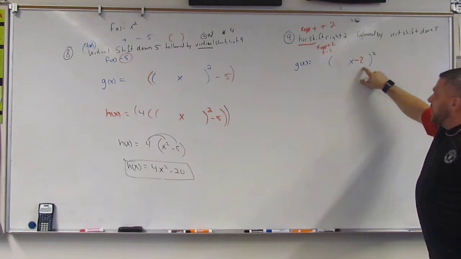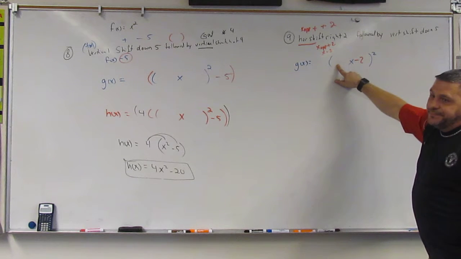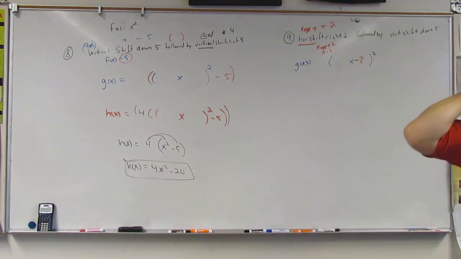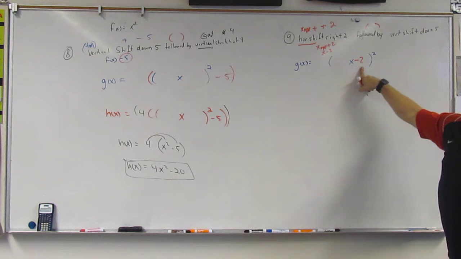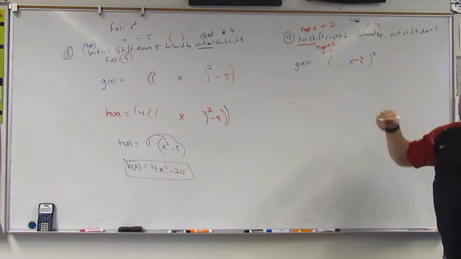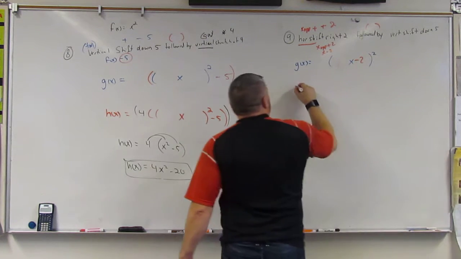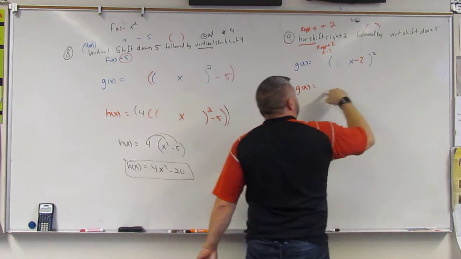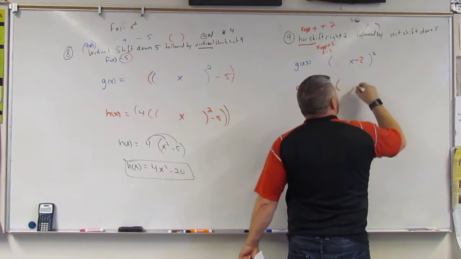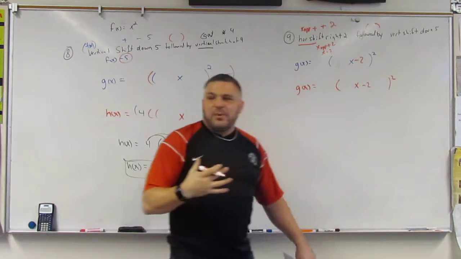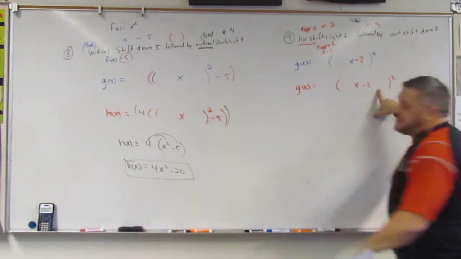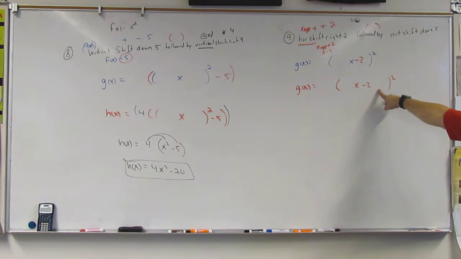Remember, horizontals are inside. If we need to close it in, we close it in because it's followed by parentheses. Do we need to parenthesize this? No. But when we rewrite it, g of x equals space, parentheses, space, x minus 2, space, parentheses, right? We want to leave that space in case there's another horizontal shift. Does that make sense? Okay.